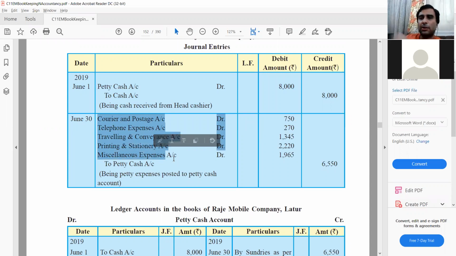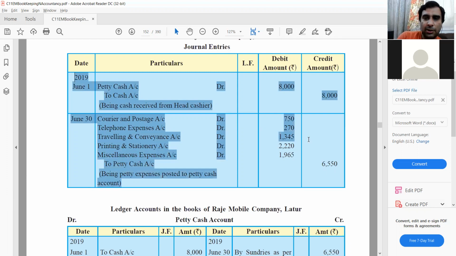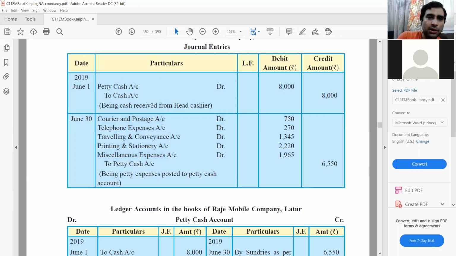So this is a very practical solution to accounting, and accounts is a very practical subject. It's not theoretical. These formats of the petty cash book and all the other kinds of ledgers and trial balance, it's all very, very practical. This is how the whole sum gets completed. The question gets completed when you are passing these two journal entries, cash received into the petty cash box.